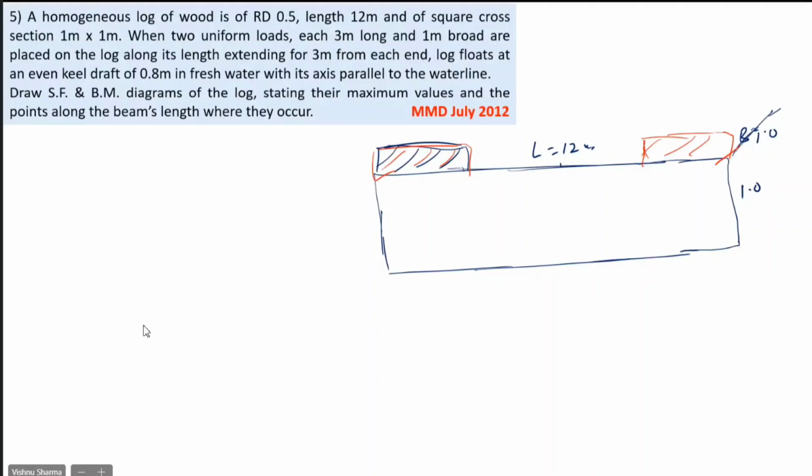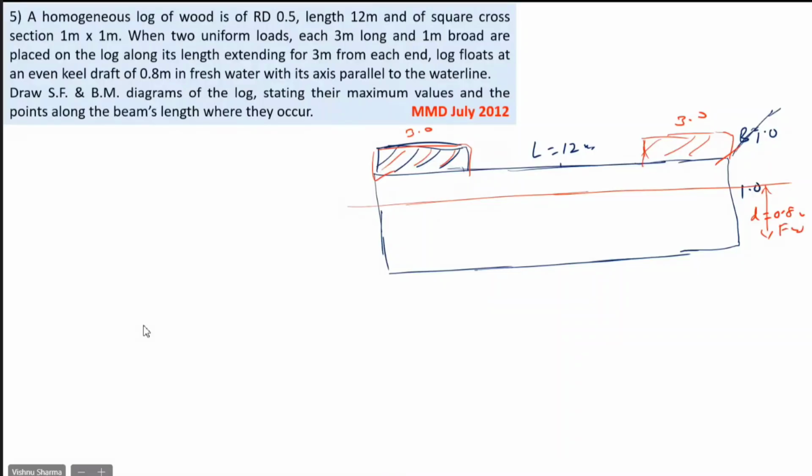The breadth does not make a difference, and they are placed on the log along its length, extending to 3 meters at each end. The log floats at even keel draft with these weights at 0.8 meters. So with all these, the log is floating at a draft of 0.8 meters in fresh water.